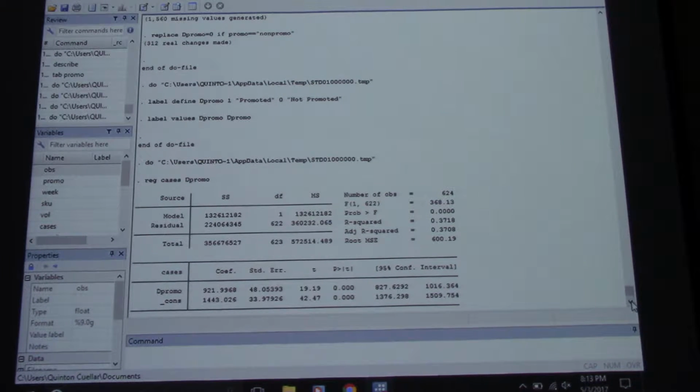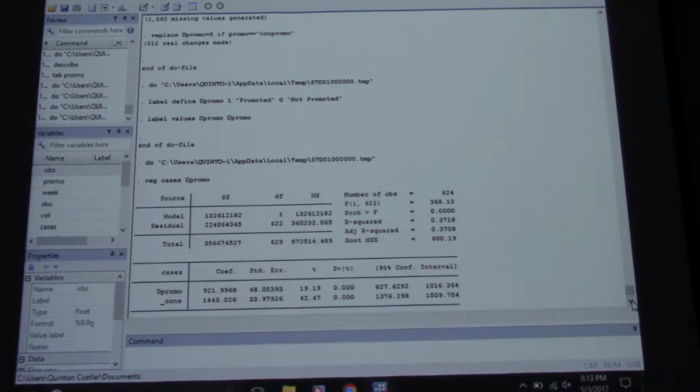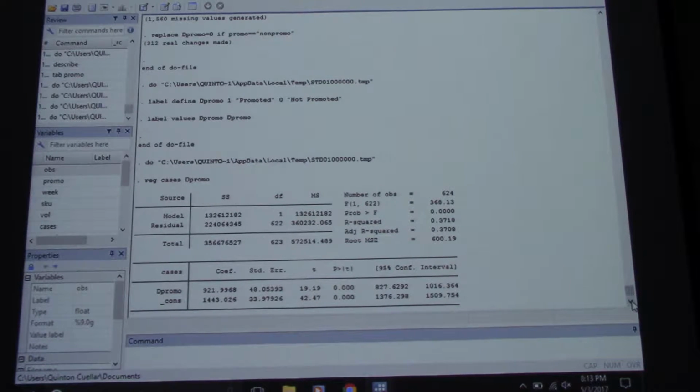And this is, again, the start, but we needed to put the data in this format before we can start running regressions. And again, we only have, in this case, 624 observations because we had 312 observations that were on promotion, 312 observations that were off promotion.